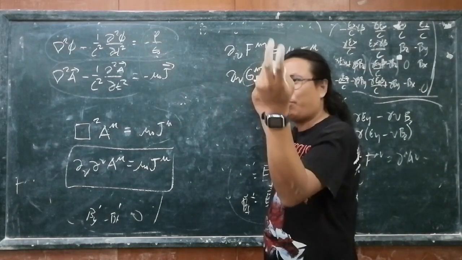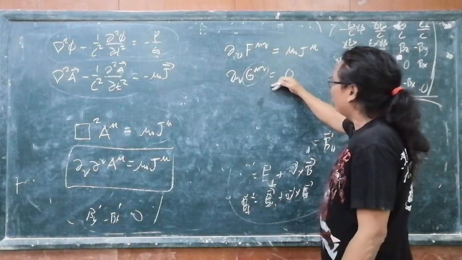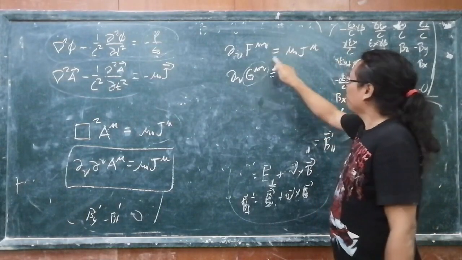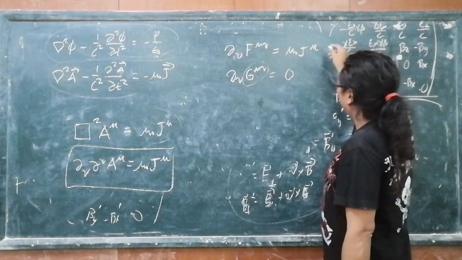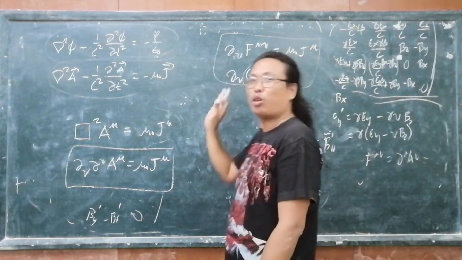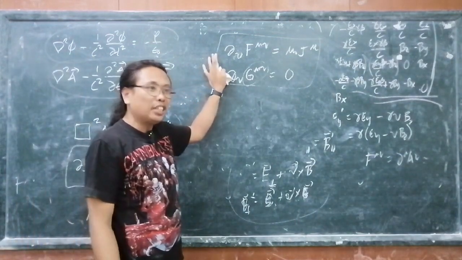You can exchange, and I think put a negative one, you can arrive at this, and you will see that this is 0. Take note of the index summation here. These two are the Maxwell's equations, which summarize the 4 Maxwell's equations. This is the Maxwell's equations in second-rank tensor form.